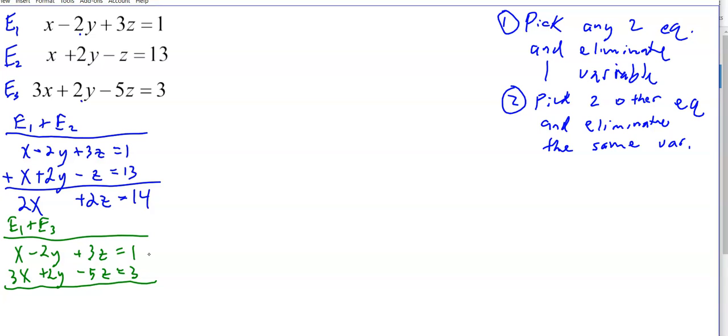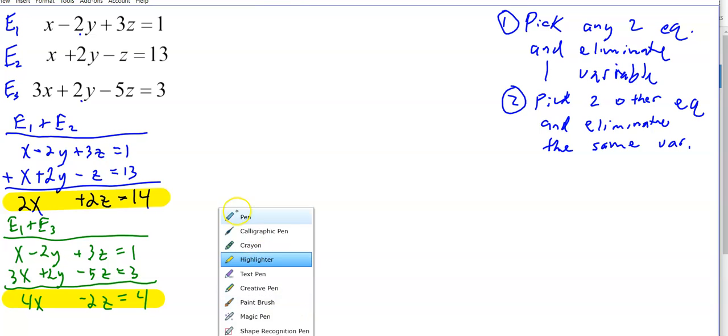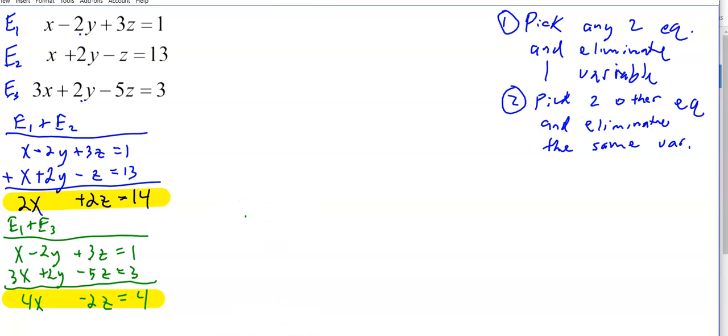Just write down the right equations. We're just going to add those because the y's are going to go away. So we add those, we get 4x minus 2z equals 4. So what we have here right now is this resulting equation, which is really helpful to know.